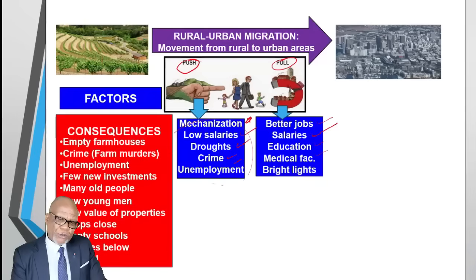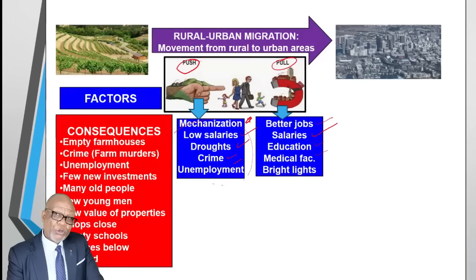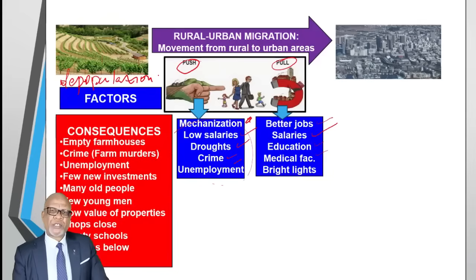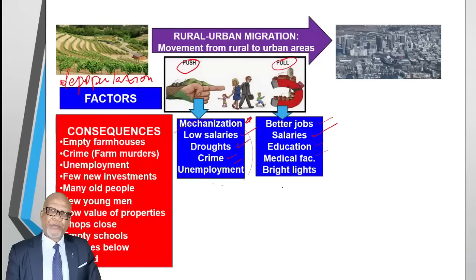So the first thing, before we even look at empty farmhouses, is what we call depopulation, which means the number of people living there is going to decrease. So that will become social.